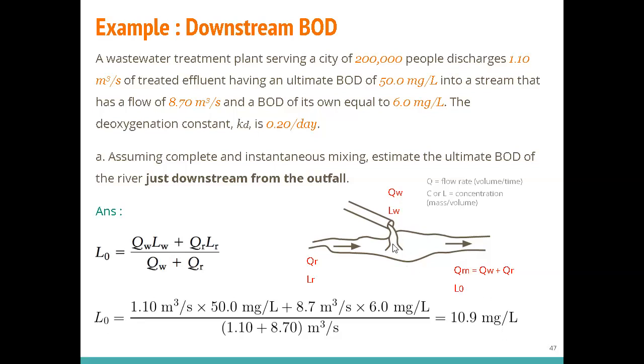Starting from here, your ultimate biochemical oxygen demand is 10.9, which means that L0 can be used for the following calculations. It will decrease over time, right? It will start the digestion along the time and along the distance, but at this location it is 10.9.